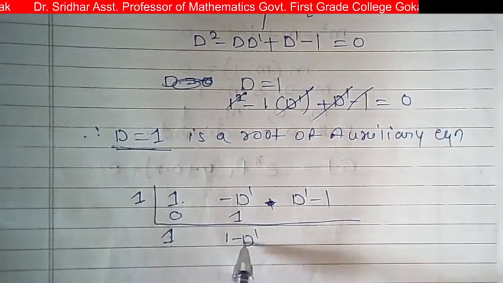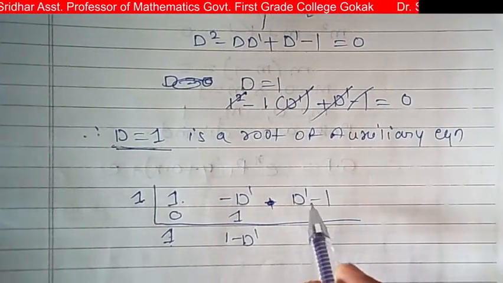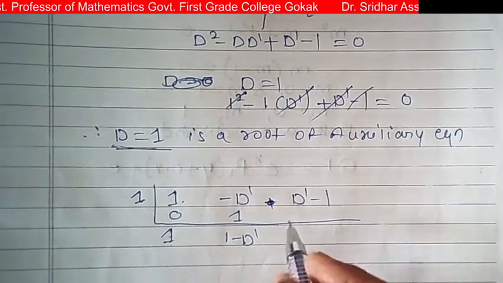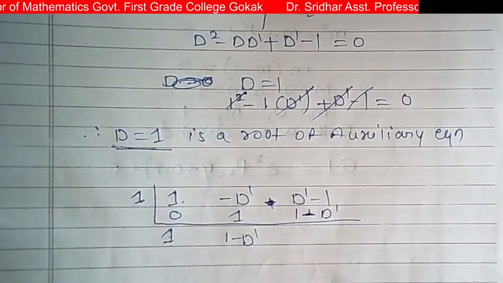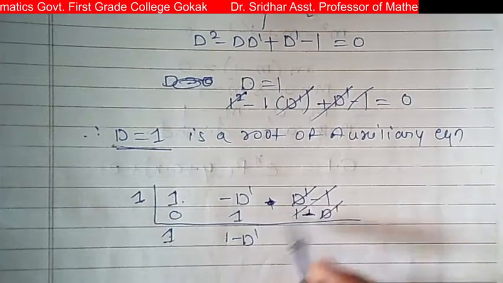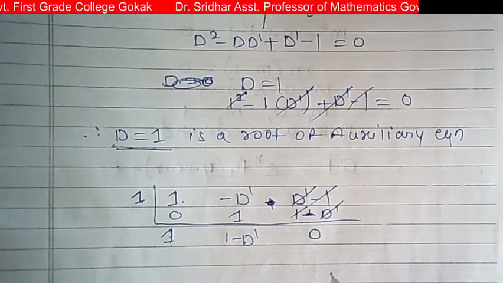Next multiply this with 1 and write below the third element. So 1 into 1 minus D dash is equal to 1 minus D dash. Now plus D dash minus D dash get cancelled, plus 1 minus 1 get cancelled, and when you add these two you will get 0.